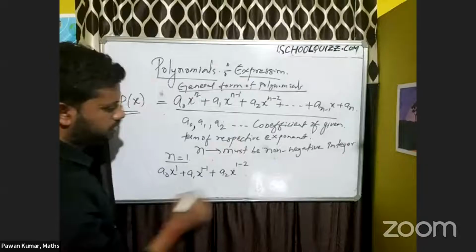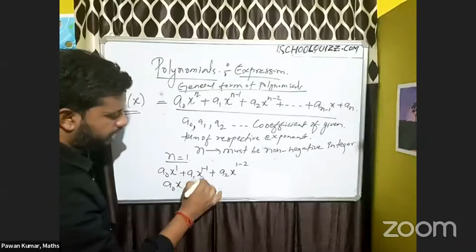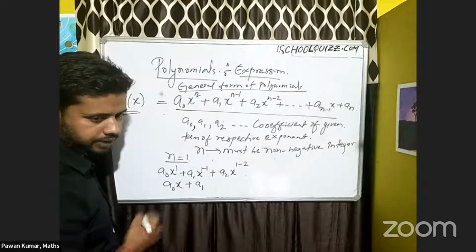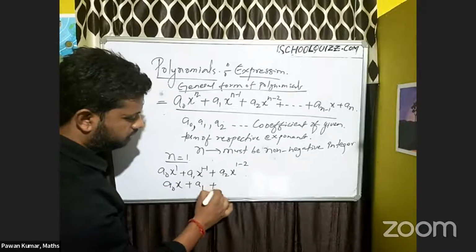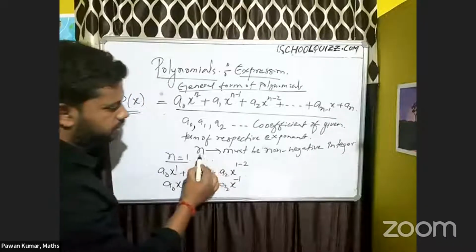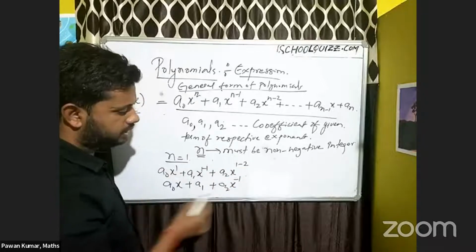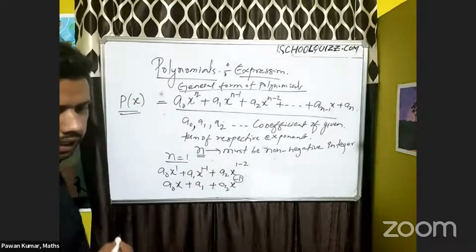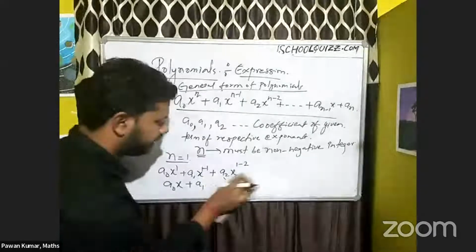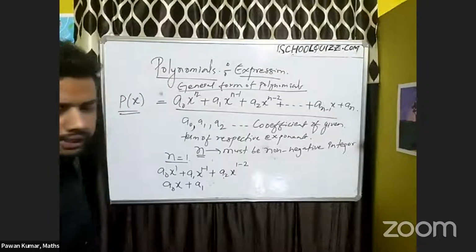So here a naught x plus a1 x to the power 1 minus 1 is 0, so x will vanish, and that will be equal to 1. But what about a2 x to the power minus 1? As I mentioned, n must be a non-negative integer, and negative integers are not allowed. Yes, sir. So this will not be there when n equals 1. That is called a linear equation, which we have learned in the 8th class, correct?